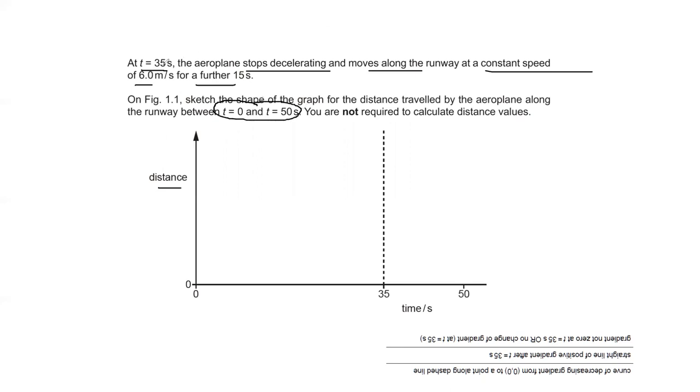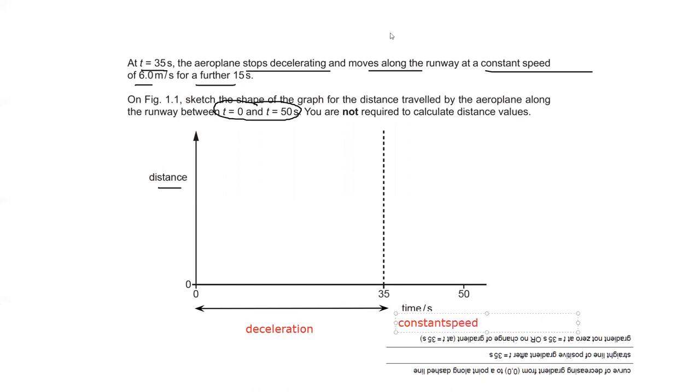So first, at t equals 35, the airplane stops decelerating. So in this distance time graph, till this part, what do we have to show? We have to show a deceleration. And for this part, for 15 seconds, we have to show a constant speed.